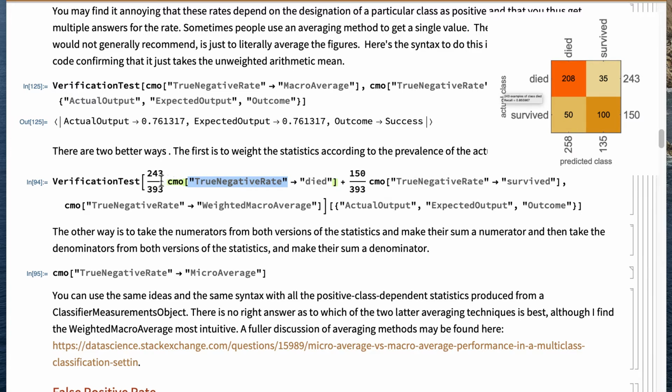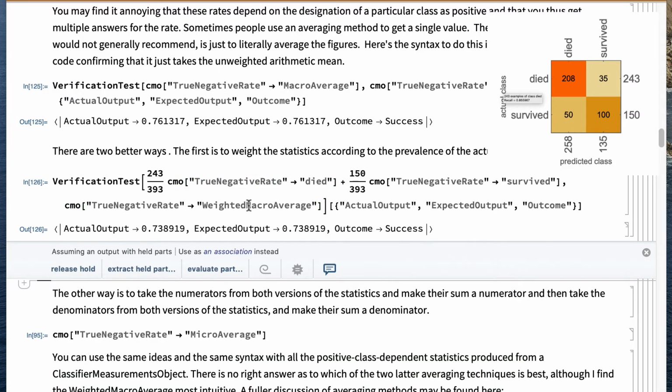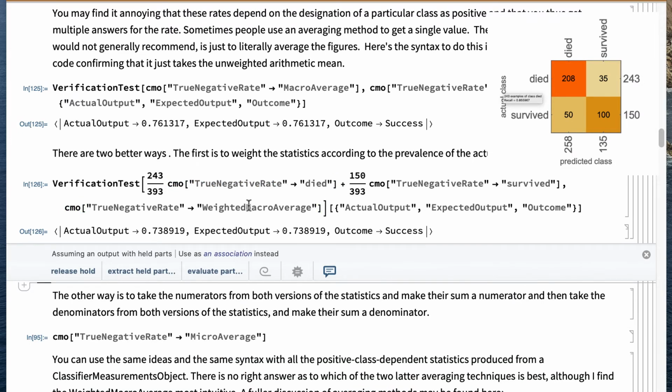So this is how you would do it by hand, as it were. Or you could, instead of asking for the macro average, ask for the weighted macro average. And I think that's a better way of doing it. Here the result is slightly different, maybe not hugely, but at least you'd be doing it correctly.